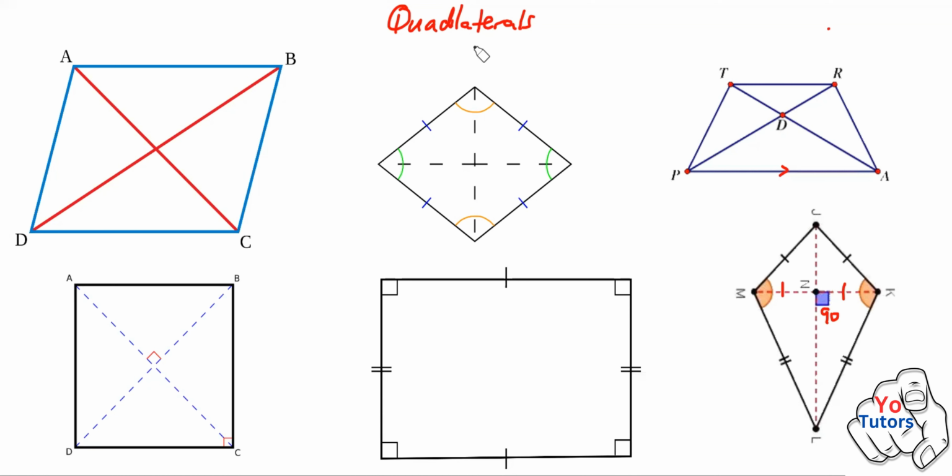We need to understand what quadrilaterals are. Quadrilaterals have four sides, so it's just a shape with four sides. But when we are looking at grade 10, this is where you start to go deep into quadrilaterals.